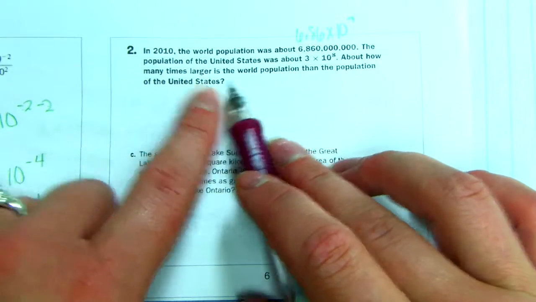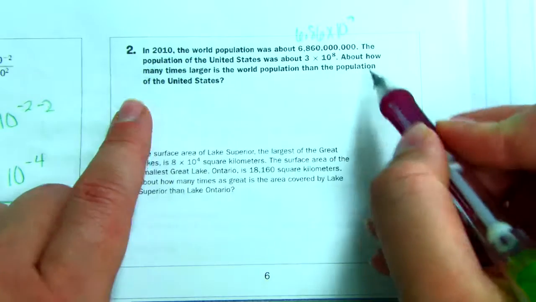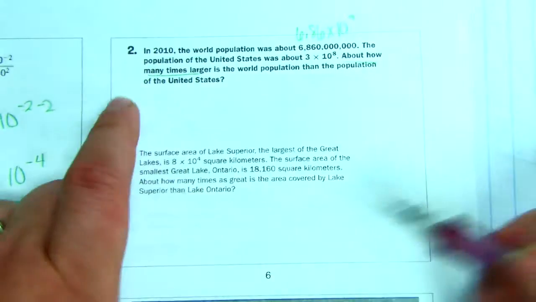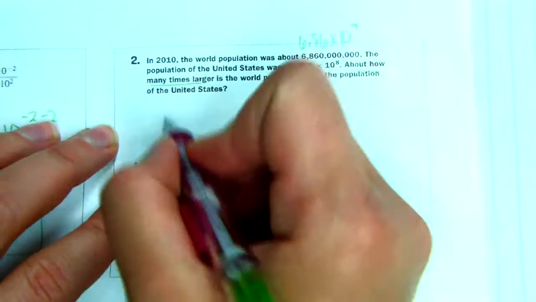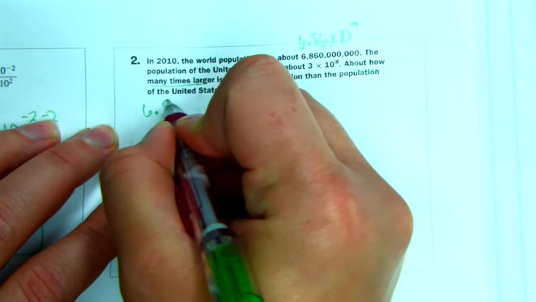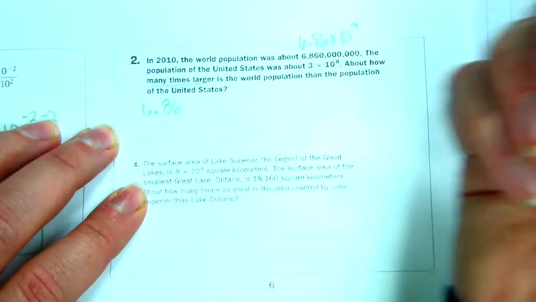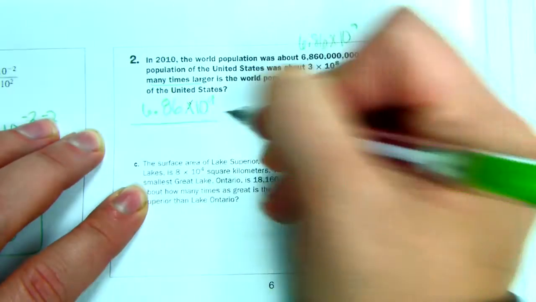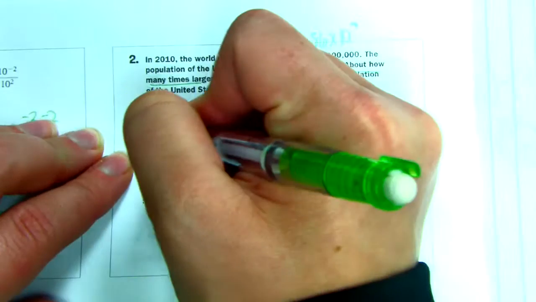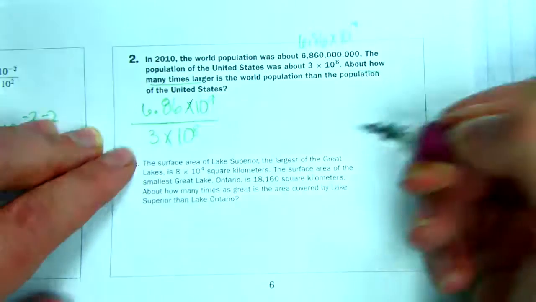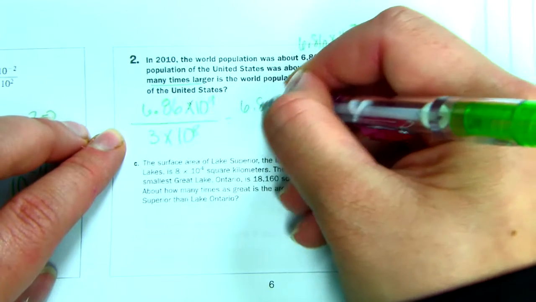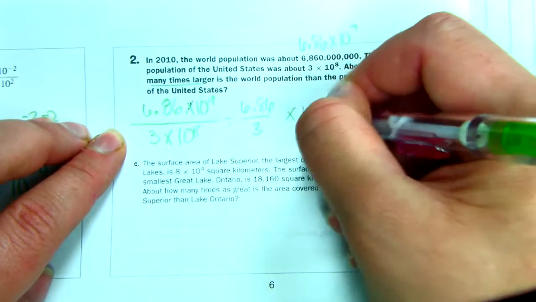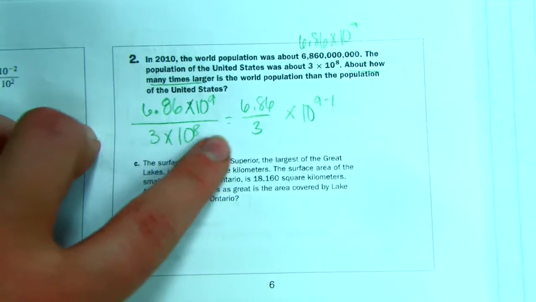About how many times larger is the world population than the population of the U.S.? Since they're asking it like that, that tells me it's division. Keeping both in scientific notation, or if you wanted to change them both to standard form, you could do that too. But I'm going to go ahead and divide my coefficients and subtract my exponents.